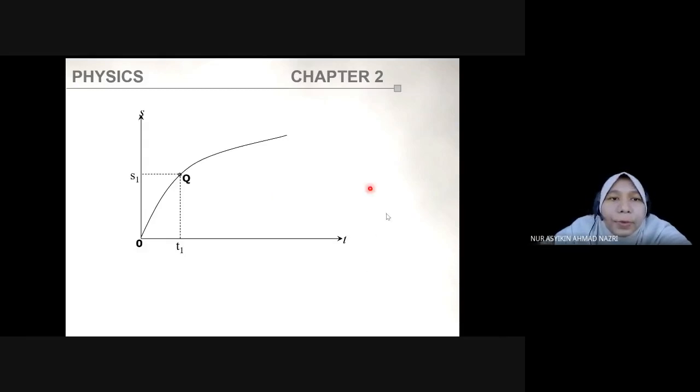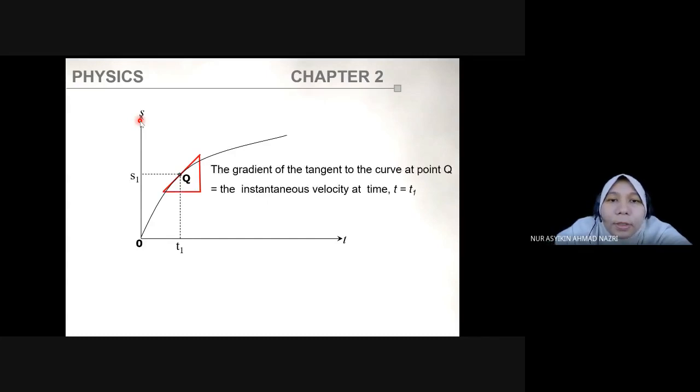Alright, so this one, when we plot motion graph ataupun we call it motion diagram. So maksudnya macam tu lah. Kita consider it's just like the gradient.